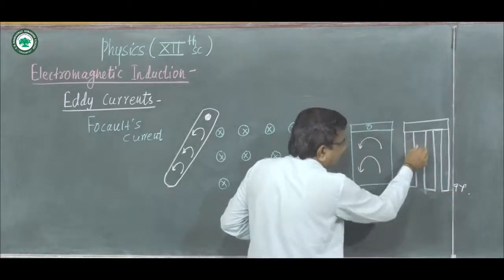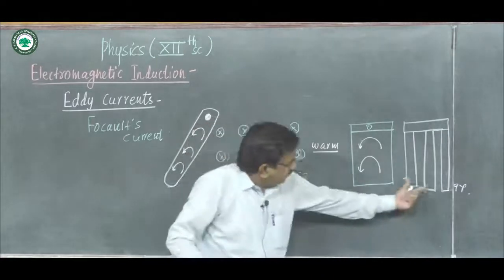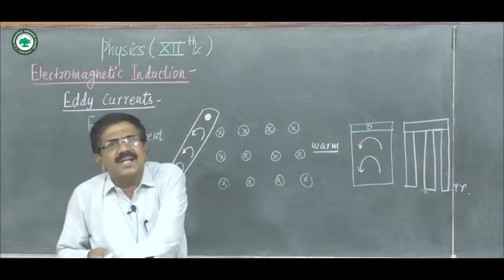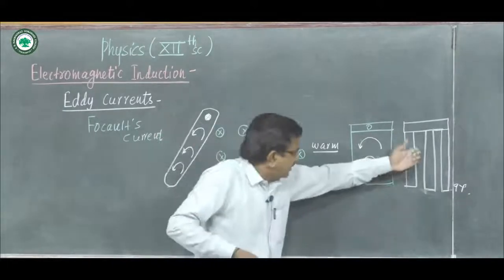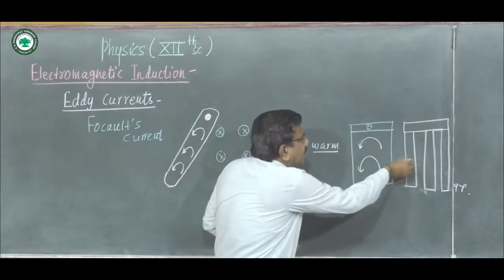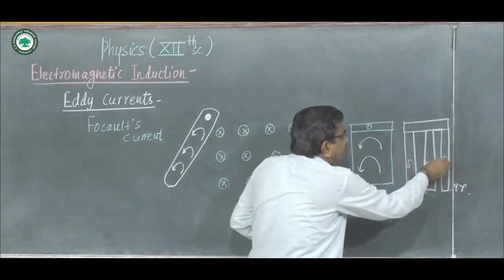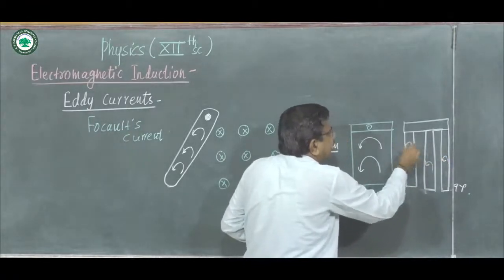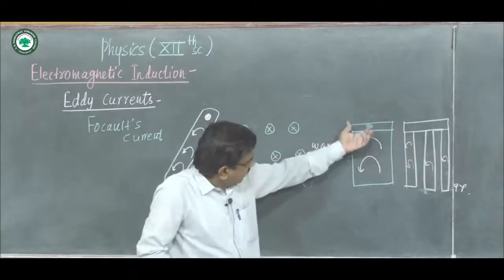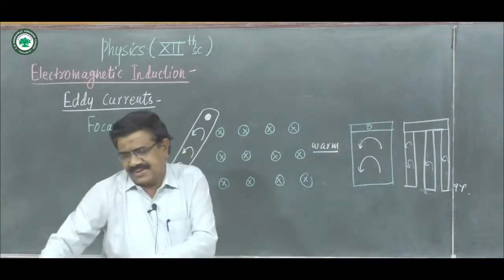Due to these slots, the effect of eddy current is reduced. As these loops cover a shorter path if slots are there, by making slots in the metal plate, the effect of eddy current can be reduced.